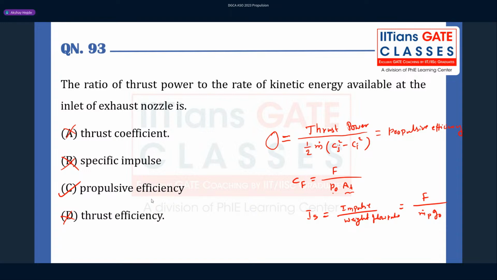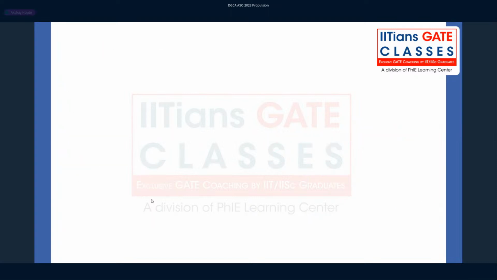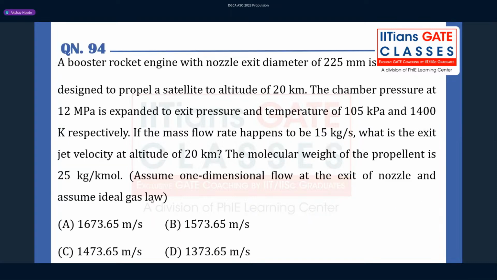That is correct. Okay. Then we have the next question, that is again a numerical type. Here you see a booster rocket engine with nozzle exit diameter of 225 millimeter is designed to propel a satellite to an altitude of 20 kilometer.